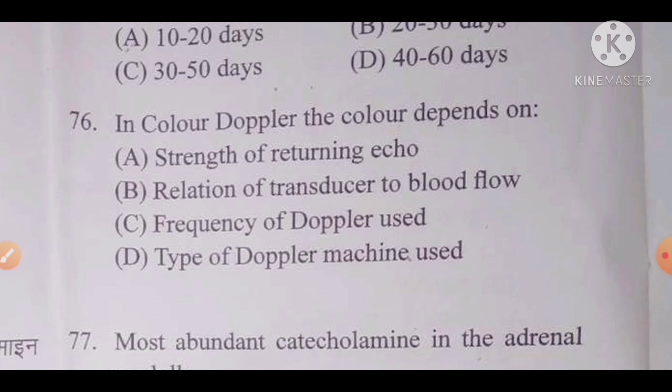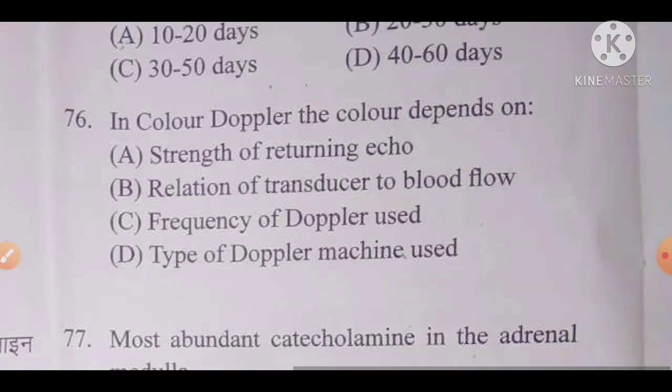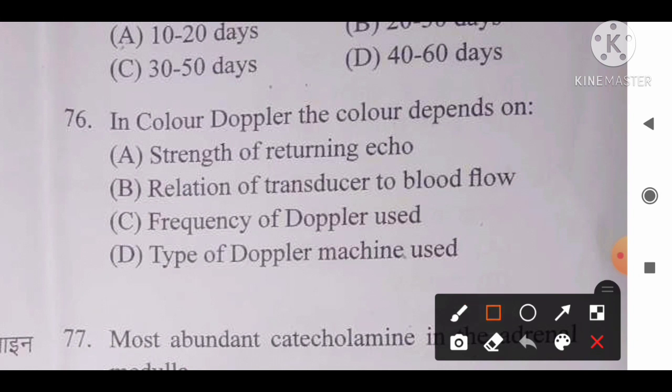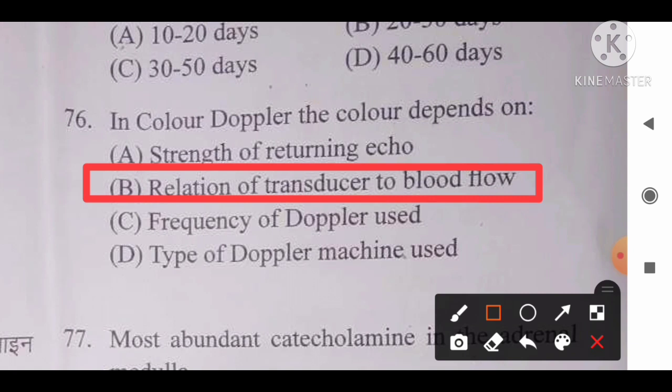That means flow towards the transducer is depicted as red, while blood flow away from the transducer is shown in blue. So the relation of transducer to blood flow decides the color in color Doppler. So option B will be the correct answer for this question.